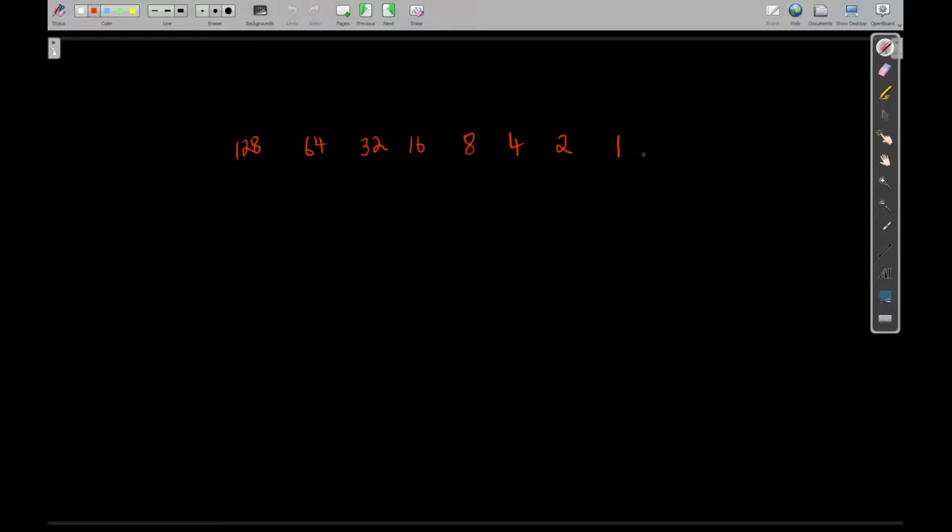After you get that, take each of these numbers and subtract it from 256. 256 minus 128 is 128. 256 minus 64 is 192. 256 minus 32 is 224. You just keep doing this all the way down until you have 8 numbers again.